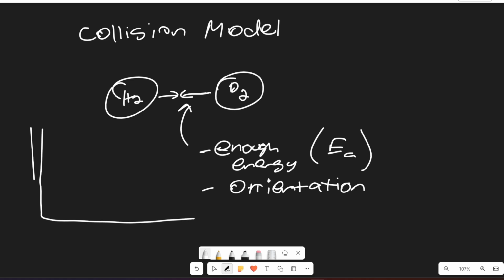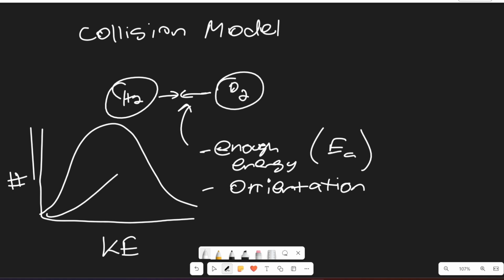And this can be depicted on a Maxwell-Boltzmann curve, essentially. So if we take our kinetic energy down here, and then we also take our number of particles, I just put number here, and then we plot it on a curve. This will be one curve here, and then this will be another curve here.